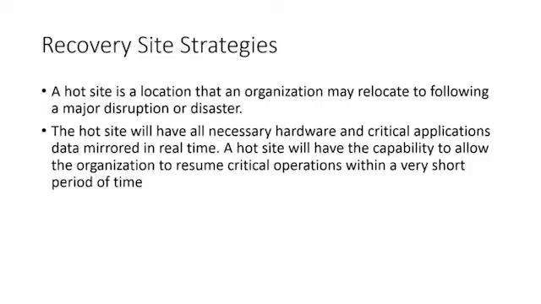Well, we need to get production back up as fast as possible. If we have a hot site, we already have all the necessary hardware. We have the necessary software. All our critical applications are already there. All the data is mirrored in real time. So technically, we're not down. The site may be down, but the business processes are always running, right?